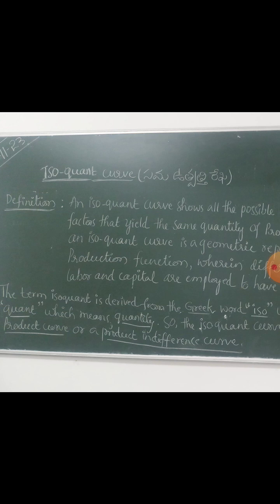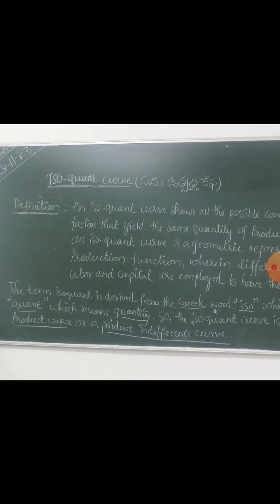for the X and Y commodities, which is reflected in the slope of the MRS. It shows the indifference curve. That is part of the consumer demand theories. In production, we have to know the iso-quant curve.